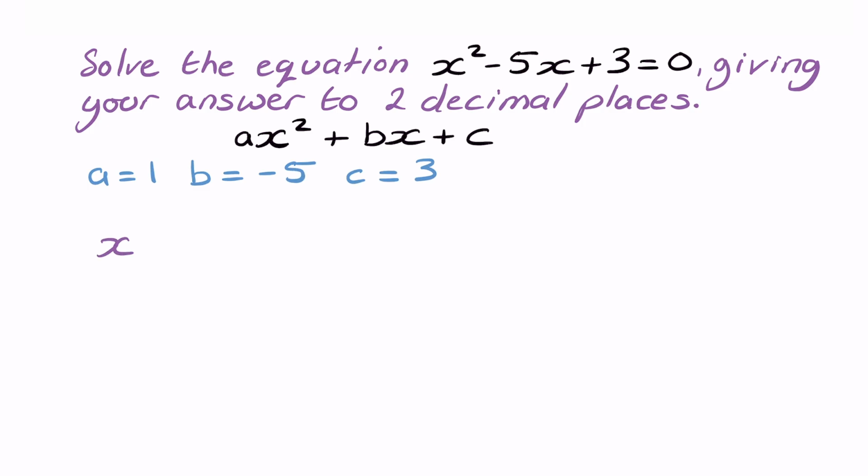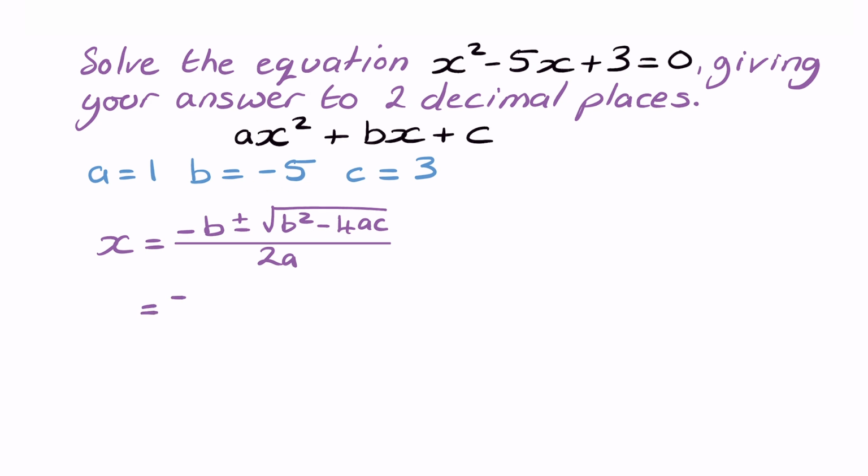Now we write out the formula. We have x equals minus b plus or minus the square root of b squared minus 4ac all over 2a, and then substitute your values into the formula. So we have the negative sign first, and then wherever the letter is, we replace it with a bracket and put in our values.